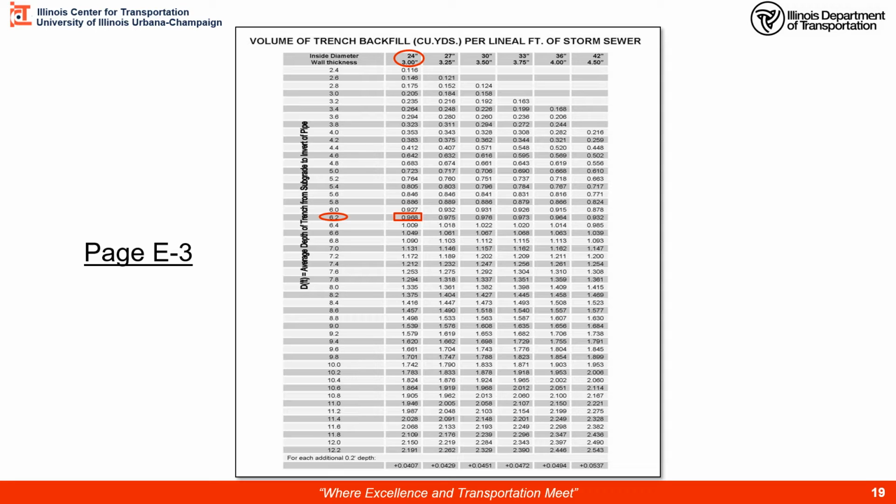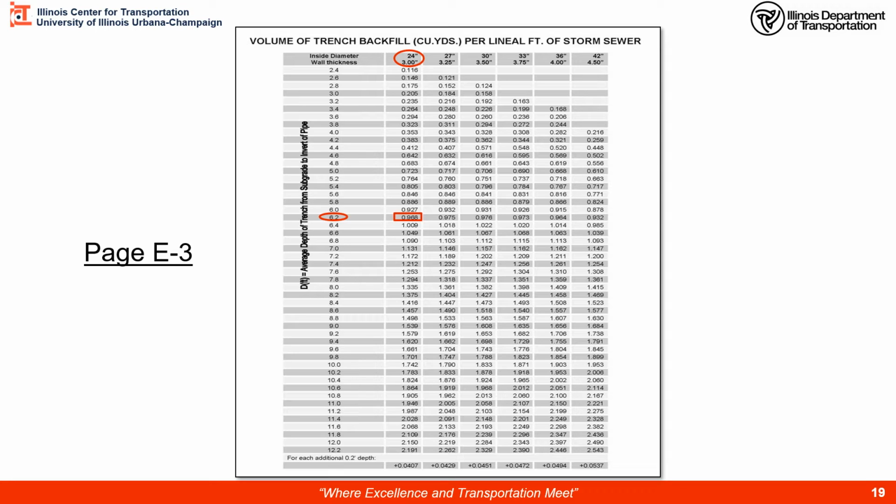So let's go to page E3 of the DOT guide, and we'll look at the table for the volume of trench backfill. If you remember, we had a 24-inch pipe, and it turns out that a rule of thumb for the wall thickness is you take the diameter of the pipe in inches, divide it by 12, which in this case gives you 2, and then add 1, and that will give you the wall thickness.